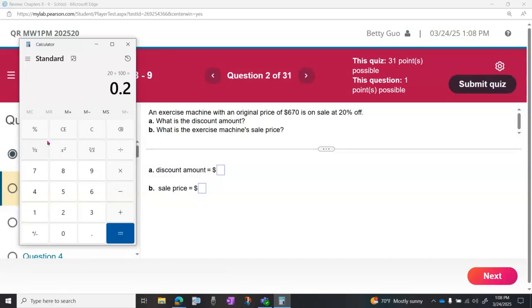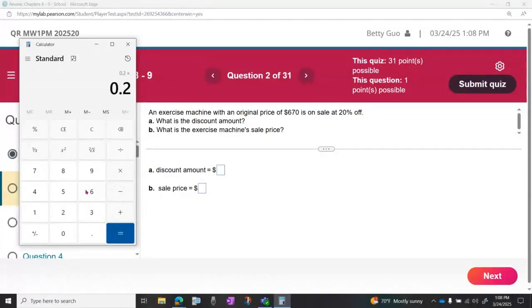Some simple calculators have the percent sign here, though the TI-84 doesn't. Actually, I don't know how to use that. Okay, never mind. So 20% is 0.2.